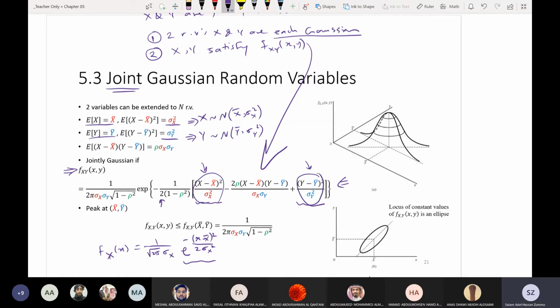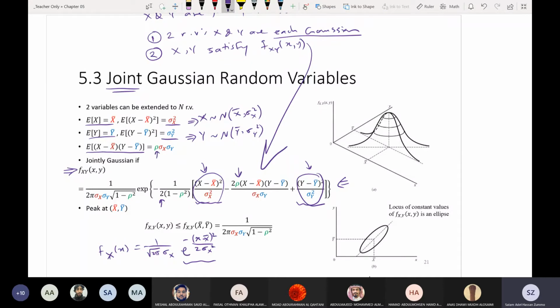In the middle there is a term related to what connects the x with the y, which is the correlation factor. If you remember the correlation factor rho, if we take the expected value of (x minus x bar)(y minus y bar) and we divide it by sigma x sigma y, we get rho.